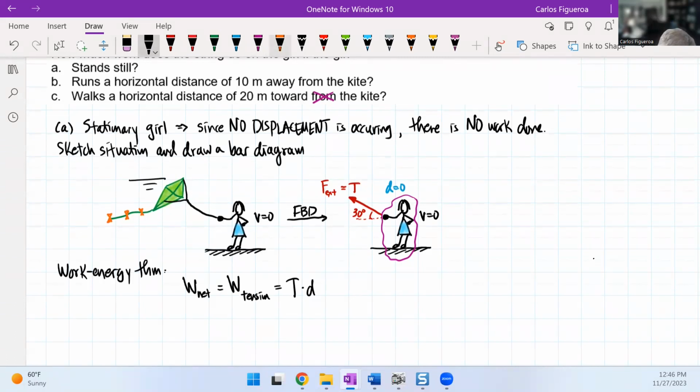And immediately we see that this displacement is 0. Therefore, the work is 0.